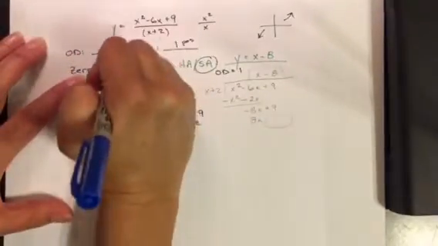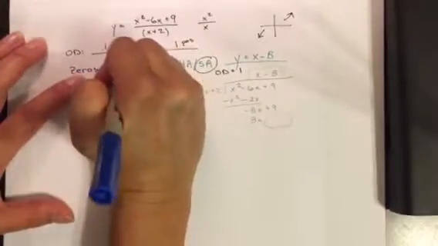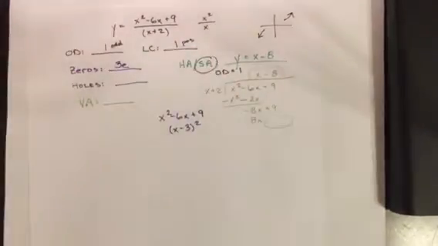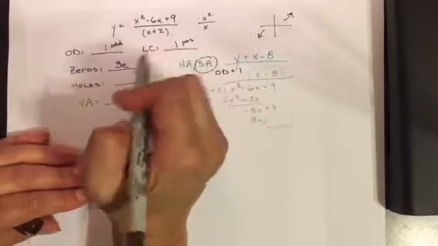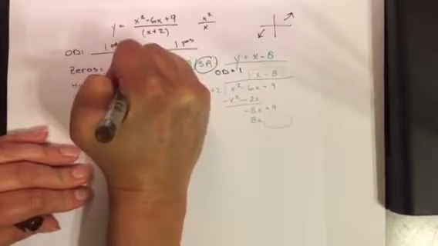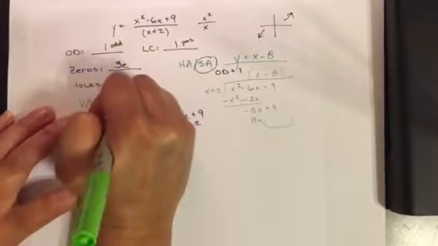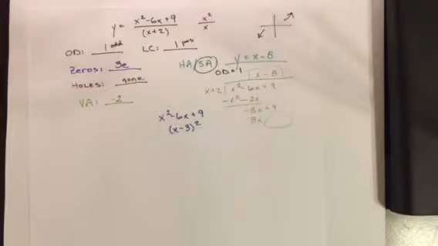So I'm going to have a 0 at positive 3, and it has a multiplicity of 2, so it's even. I do not have any holes, because there's nothing in the numerator and the denominator that cancels, so none. Vertical asymptotes where the denominator equals 0. It's going to be negative 2, and that one's odd.